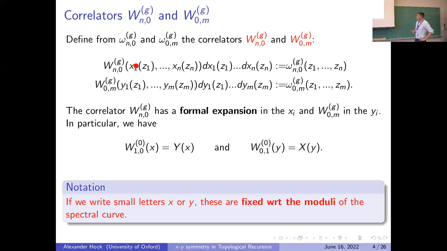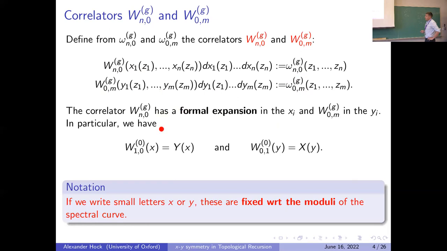They are defined as W_{g,n,0} in my notation: X of Z1 or x1 of z1, the rational function x, multiplied by dx1(z1) up to dxn(zn) will give you omega_{g,n,0}. These W's you can see as formal expansions within x_i. And for W_{g,0,m}, you do the same with the dy's.